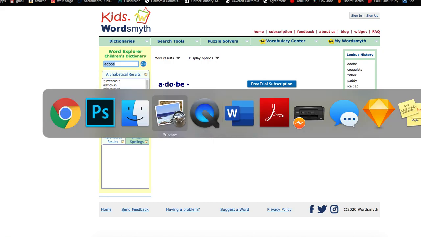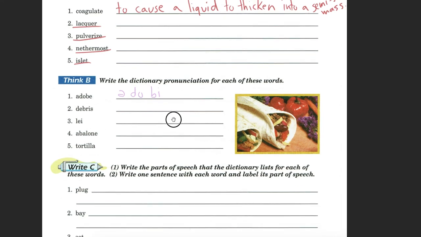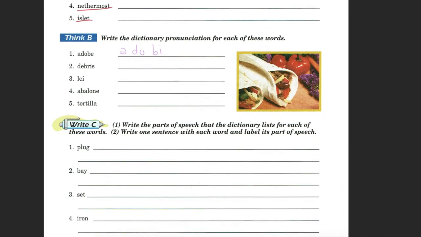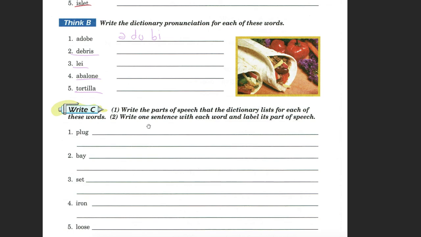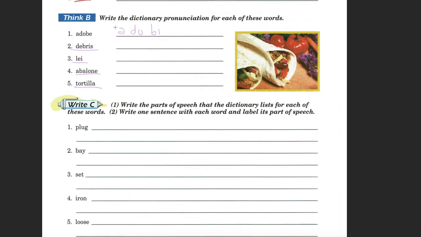Okay. That's pretty much all you would do for that. Do the same thing for debris, lay, abalone, and tortilla. Just look up the words either on the Kids Wordsmith website or in your dictionary and copy the pronunciation that you see written down.